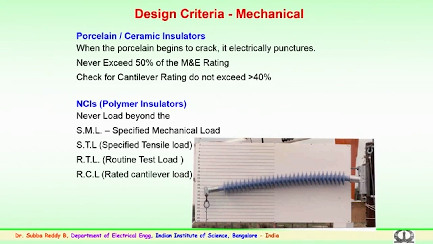For each type of voltage level, the specified mechanical load is mentioned. Similarly, there are the specified tension load, a routine test load, and a rated cantilever load. All these things which have been mentioned will be applicable for a particular voltage level, a particular insulator. Dimensions have to be strictly followed, so that failure does not occur and the insulation does not weaken in the system.